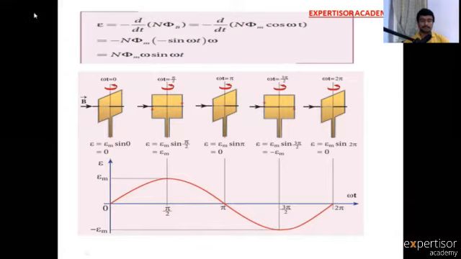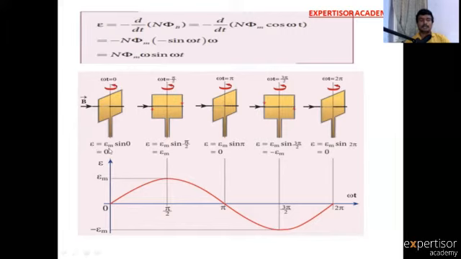Here there are different orientations of the coil, represented by the wave. See the first one. Here the orientation angle is 0.